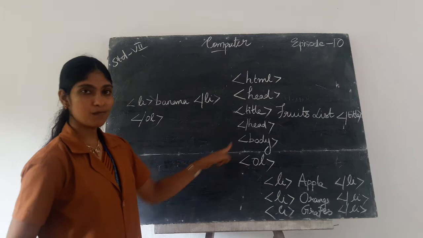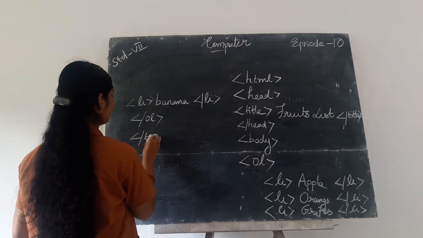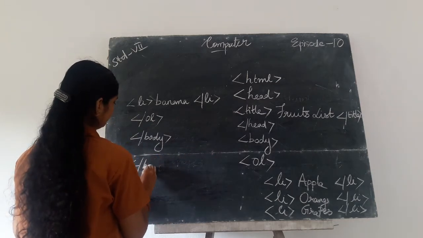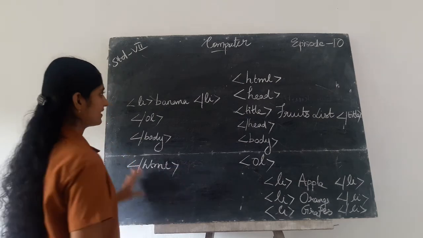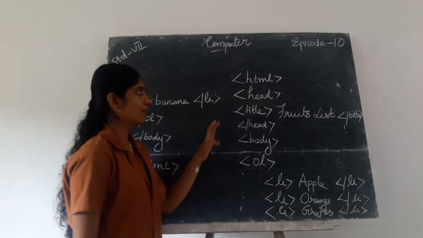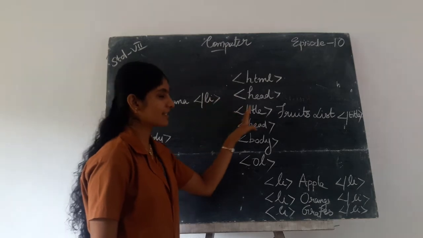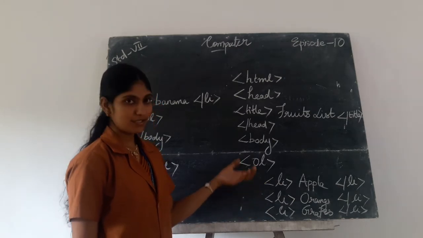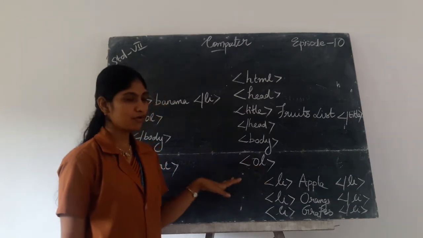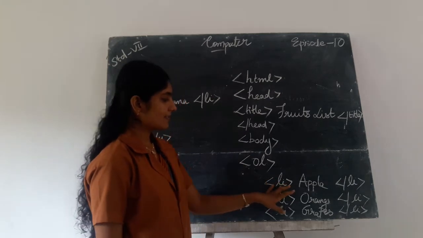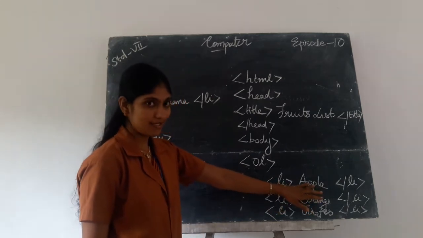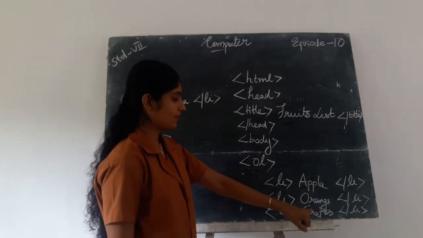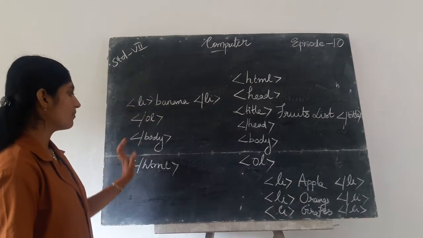Then close the body tag, then close the HTML tag. So this is the ordered list example. First write HTML, the head part, give the title, fruits list. Then in the body we give the list of items. If you want an ordered list, first write the OL tag and then write the items with LI, then after that close OL, body, HTML.